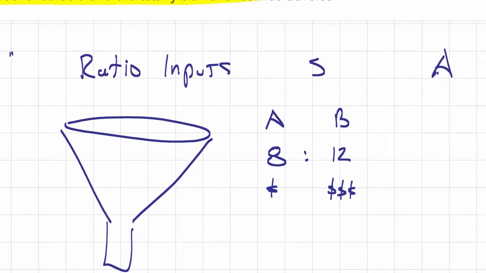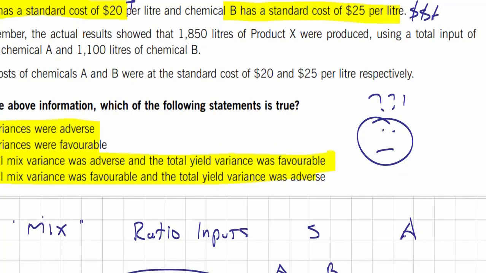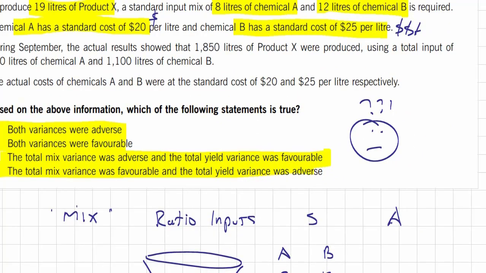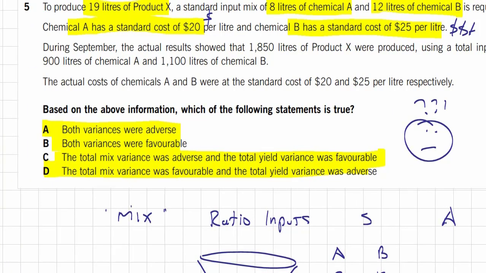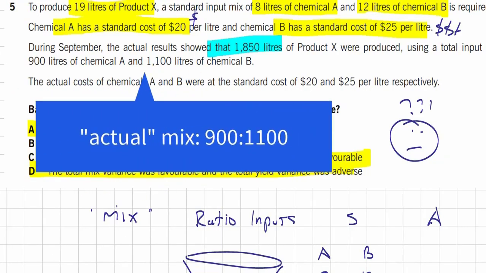Now, let's dig around in the question for the actual inputs. How much material did we actually use in production? Okay. Can we find that? Sure we can. During September, actual results showed that we got 1,850 of output, but I don't need that yet, using a total input of 900A, 1100B.